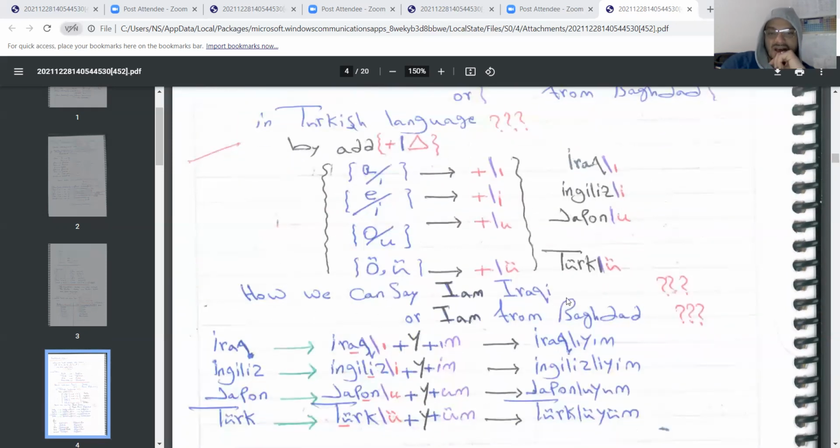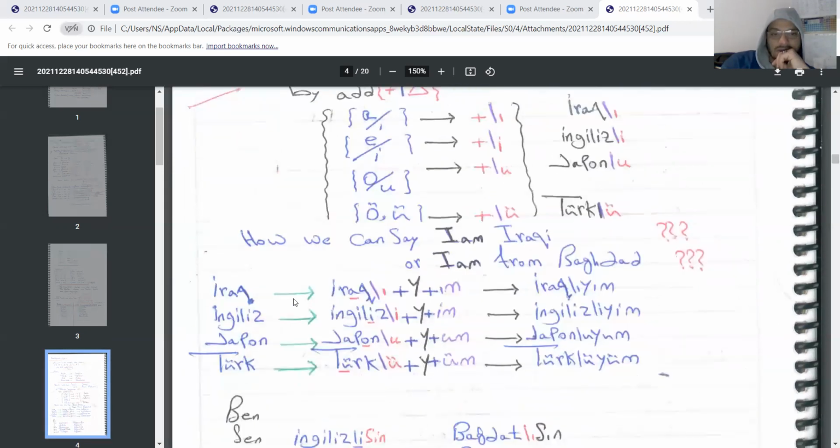How can we say I'm Iraqi or I'm from Baghdad? At first, Iraq will be Iraklı, from Iraq, and after that I put my appropriate pronoun. To say I'm Iraqi, I will say Iraklıyım.